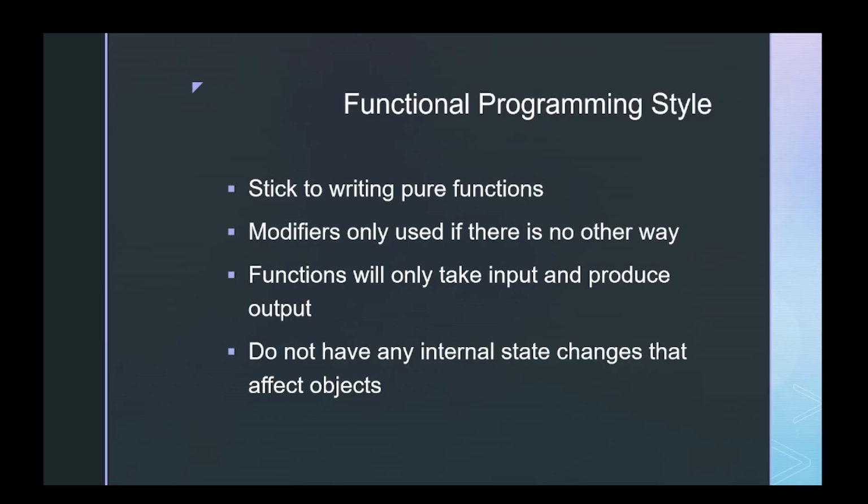We're not doing any kind of modification to any type of object. So we're not going to have what we call internal state changes affecting that object. Internal state changes would be, for example, changing the minutes, seconds, and hours of that time object, because they are within the time object.